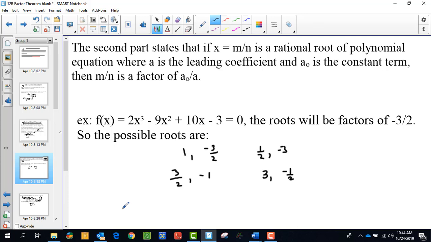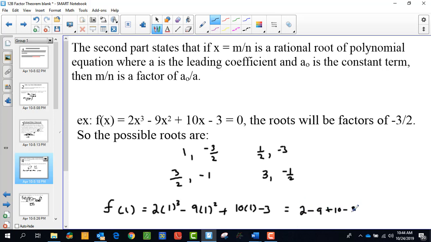So f of 1, if we just try that first value, is going to be a root, because it's 2 times 1 cubed minus 9 times 1 squared plus 10 times 1 minus 3, and that gives me 2 minus 9 plus 10 minus 3, and that gives me 0. So 1 is a root.